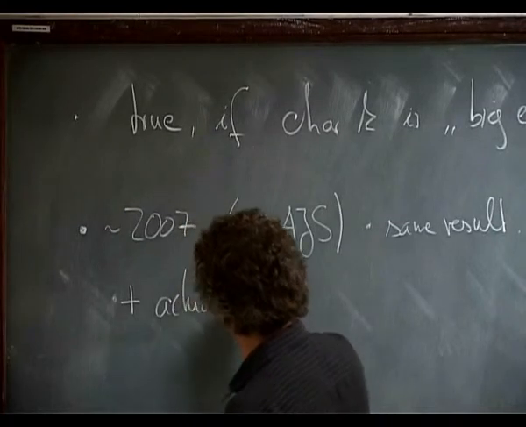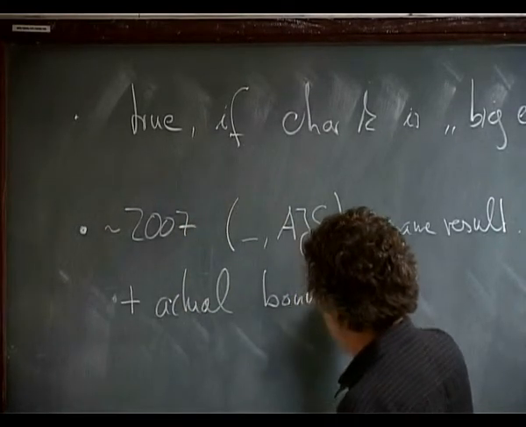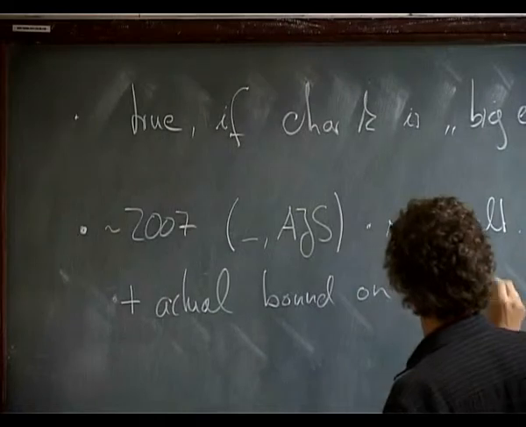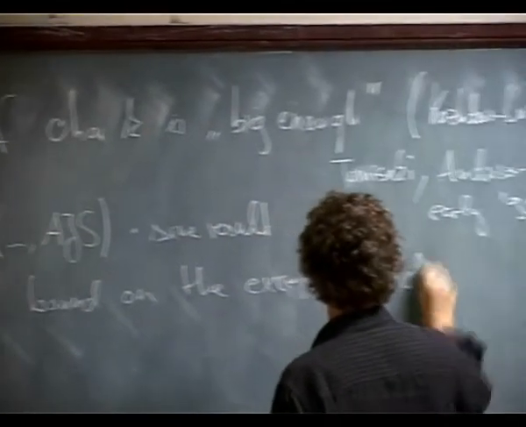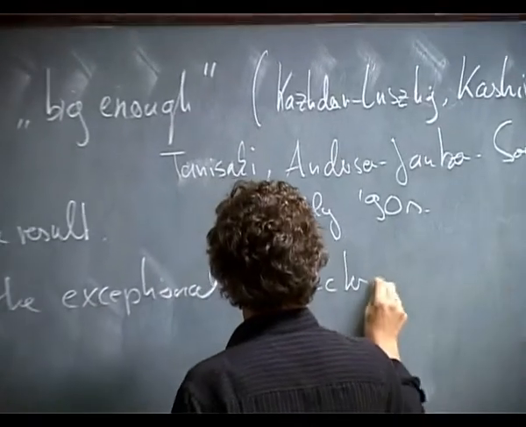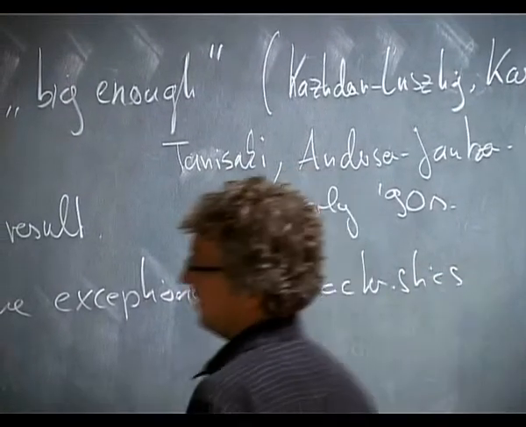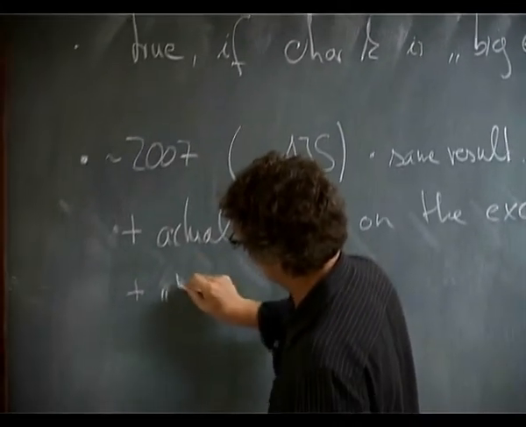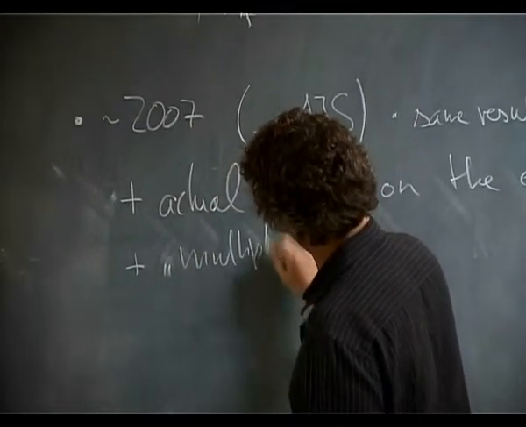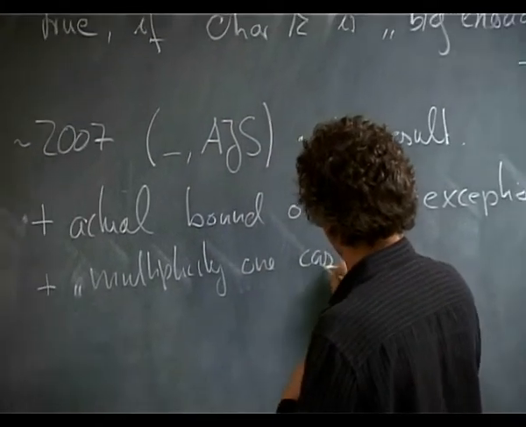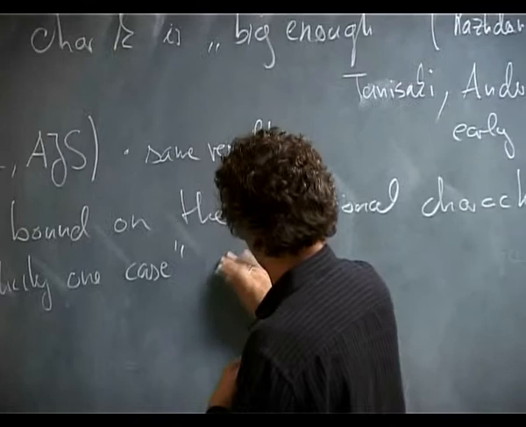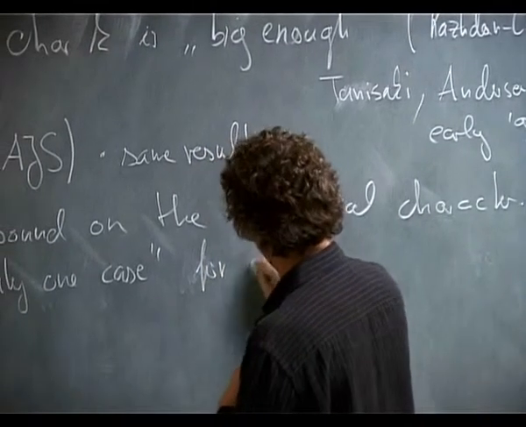An actual bound on the exceptions, so on the exceptional characteristics. And I could prove the multiplicity 1 case for all relevant characteristics.